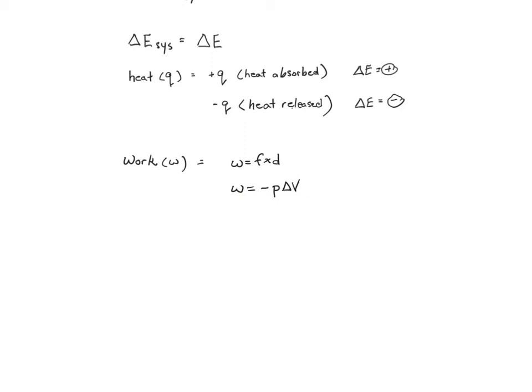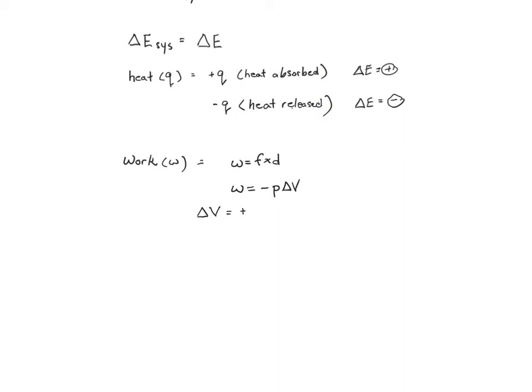Okay, so when you think about it, if I have a reaction that maybe produces a gas, okay, the volume of that container, if it can, is going to increase. So it's a positive value for that change in V. Okay, and if V is positive, pressure is always positive.